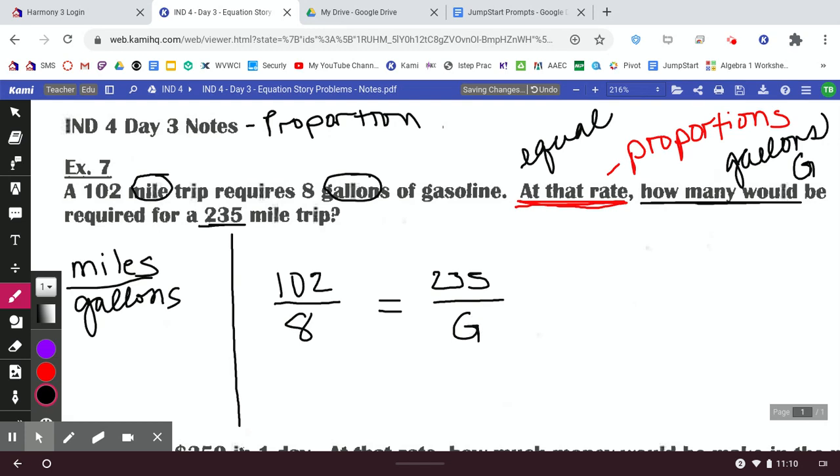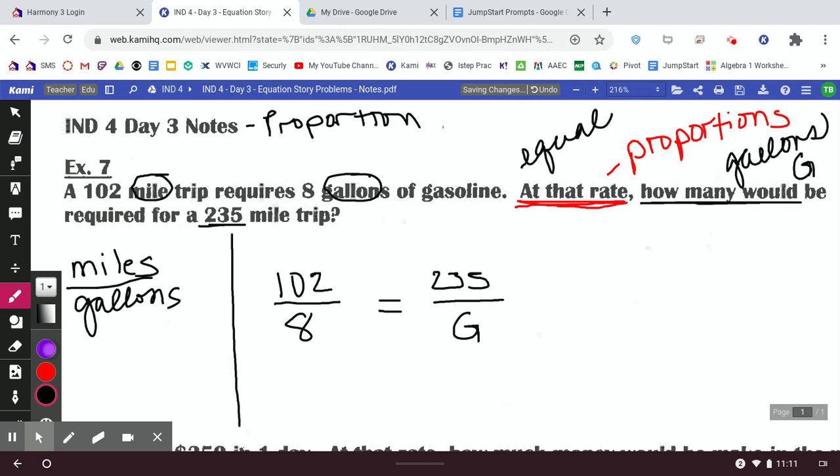So the first equation is miles over gallons, 102 over 8, equals, at the same rate, the other one: 235 miles over the unknown, how many gallons it's going to take for that trip.